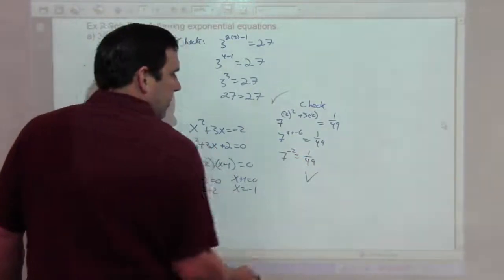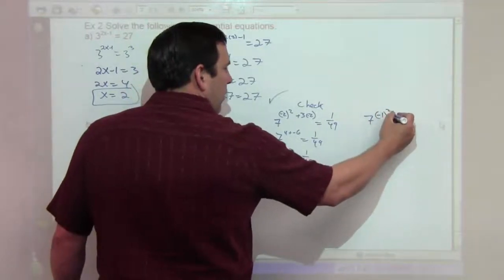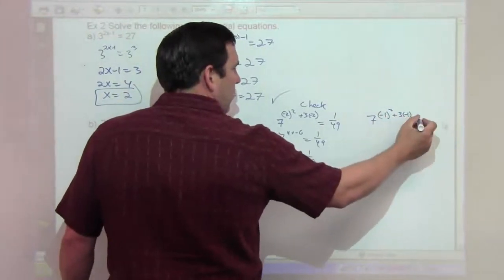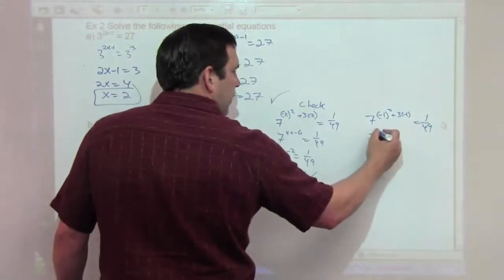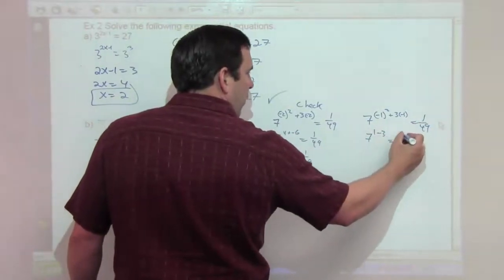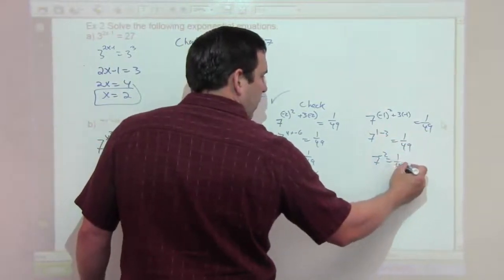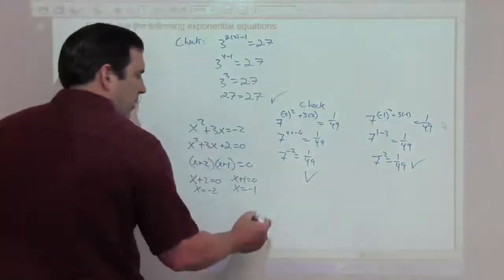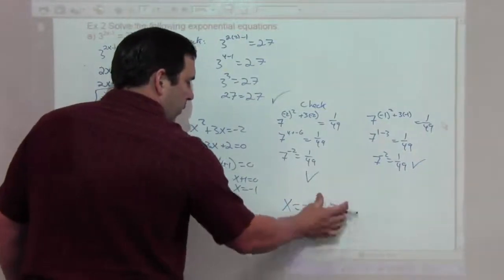Yes, it is. That works. How about 7 to the negative 1 squared plus 3 times negative 1? Is that 1 over 49? So that's going to be 7 to the 1 minus 3. Is that 1 over 49? 7 to the negative 2 is 1 over 49. Yes, it is. So x equals negative 2 and negative 1.